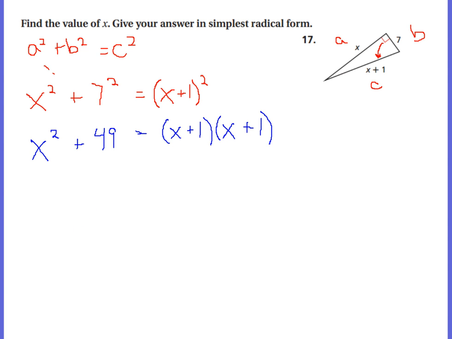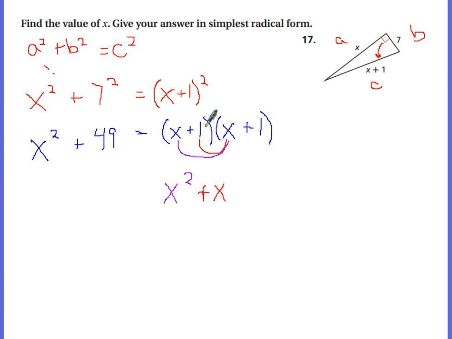Okay, so here we go, purple. So first we're going to go x times x is x squared. Okay, and then we're going to go 1 times x. That's just x. And then we're going to go, what haven't we done yet?